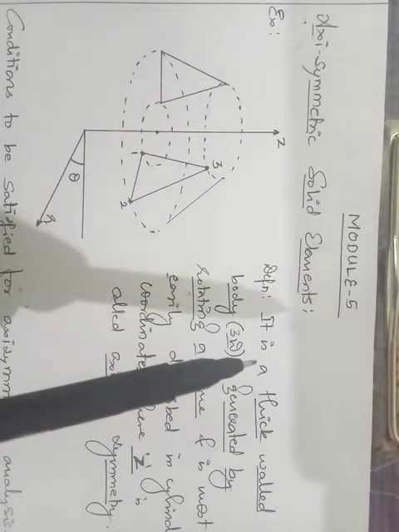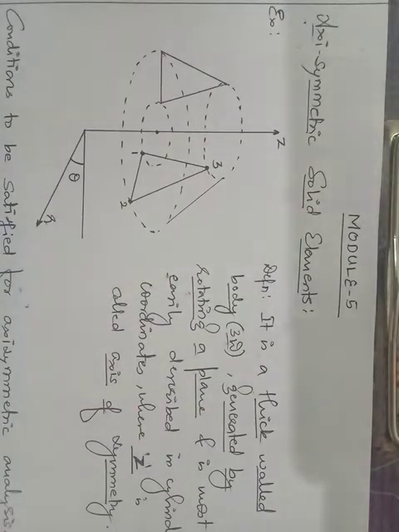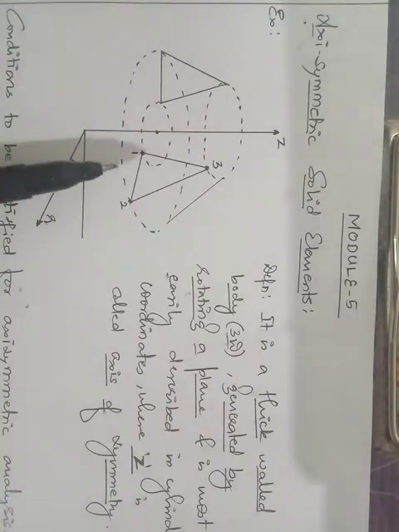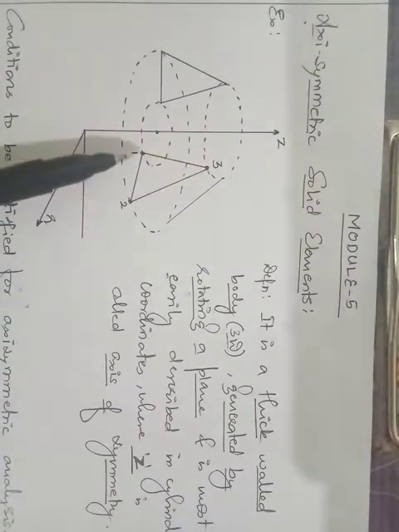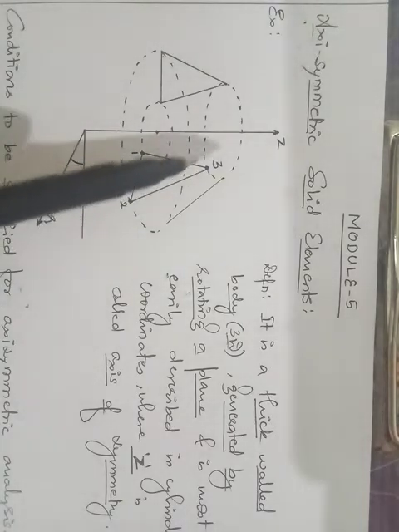An axisymmetric solid element is a thick walled body which is three-dimensional, generated by rotating a plane, and is most easily described in cylindrical coordinates, where Z is called the axis of symmetry. If you carefully observe this diagram, you can take this triangular element 1, 2, 3.